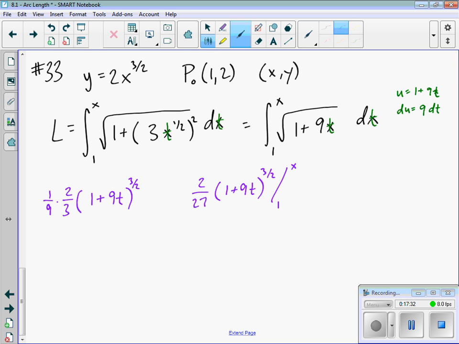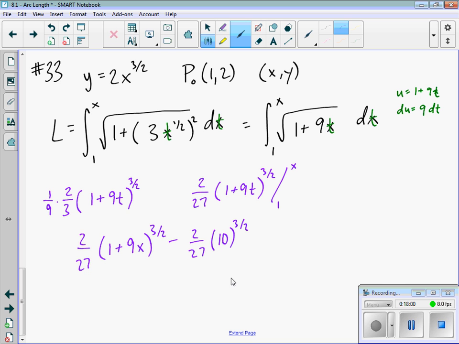So let me just compare with the book before we move on. That all looks good. So then plug in x, you get 2 27ths times 1 plus 9x to the 3/2, minus 2 27ths, and this turns into what? 10 to the 3/2. And I suppose you can leave your answer like that.